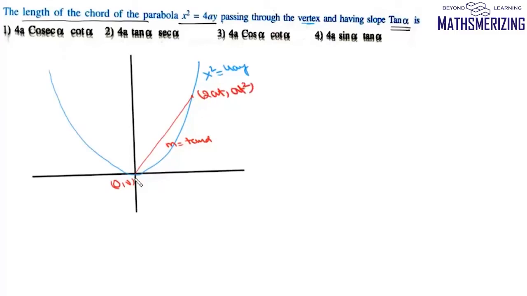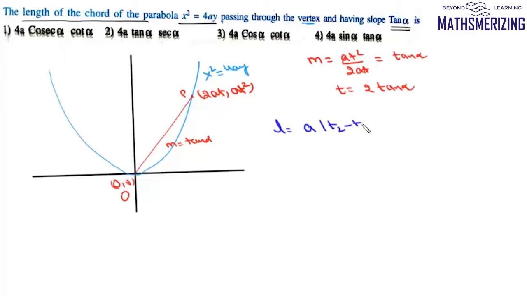So we'll find slope of this line, which is OP. So slope of this line OP simply will be at square upon 2at, and it is equal to tan alpha. So from here we'll say, in this case, value of t is 2 tan alpha. Now we need to find length of this chord. So we already know that length of the chord is given by a, t2 minus t1 under root of t1 plus t2 whole square plus 4.